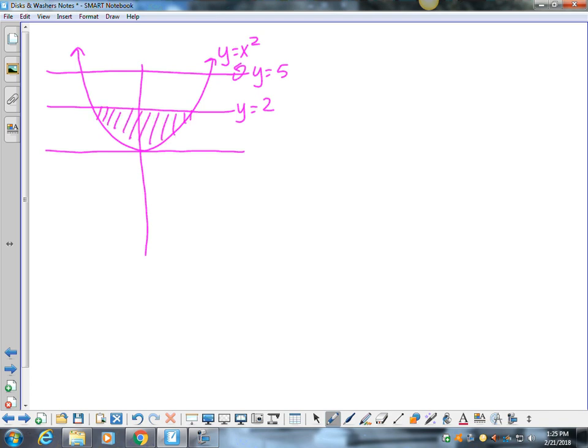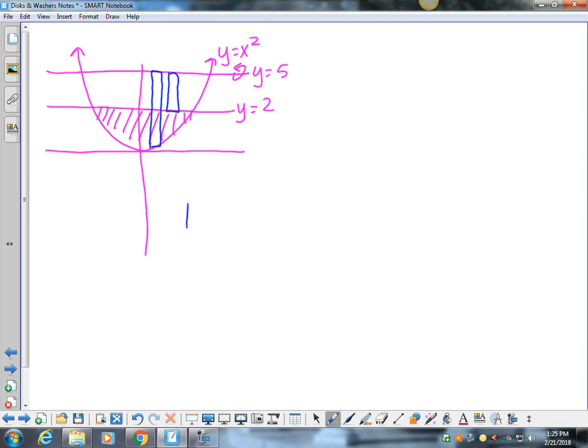So I'm taking this area. Okay, now this is different because the axis of rotation is above it. It would be the same thing if we were vertical and it would be to the right. Okay, my big area is that guy and my small area is that guy, but it's top minus bottom.